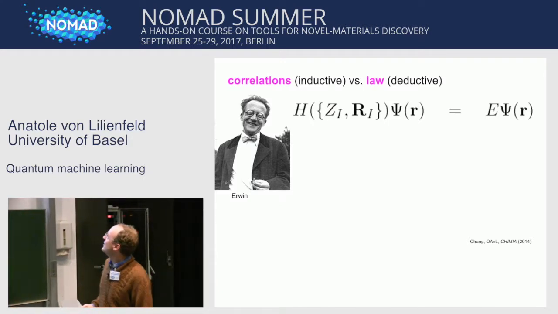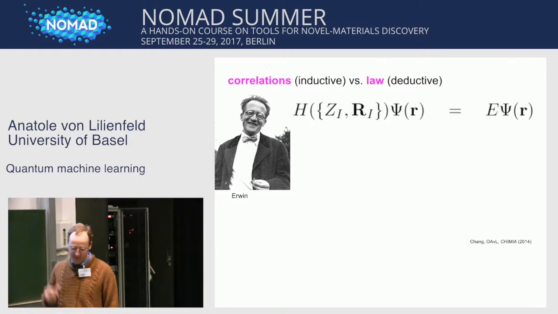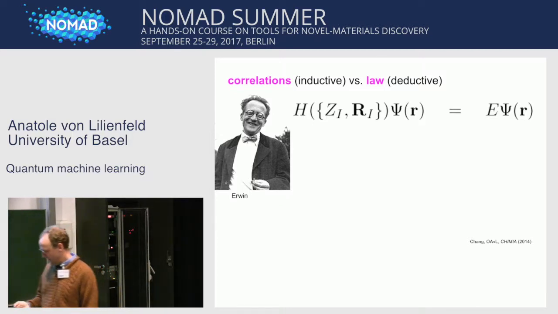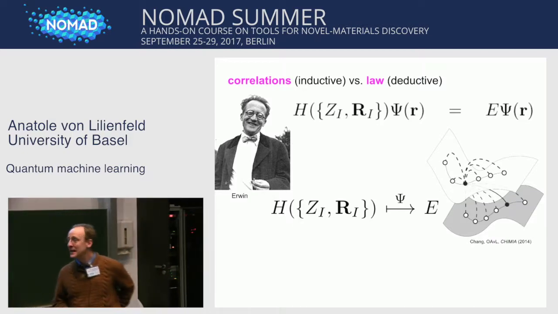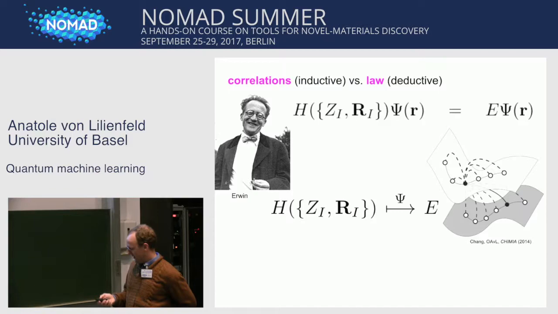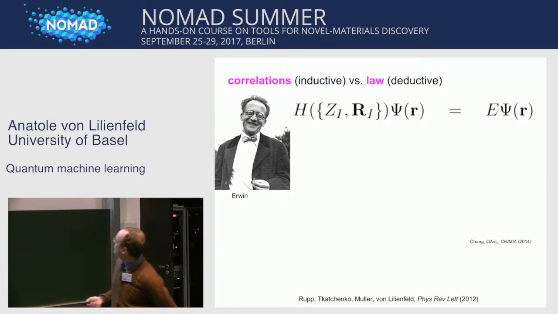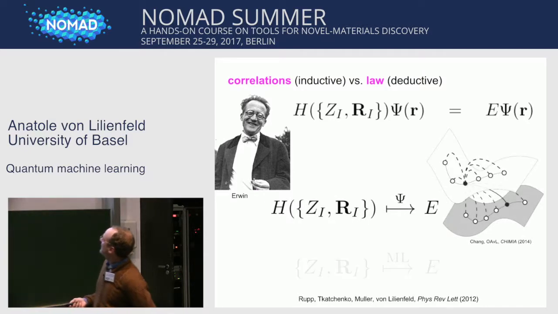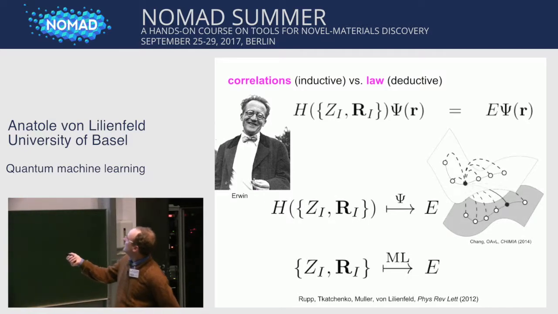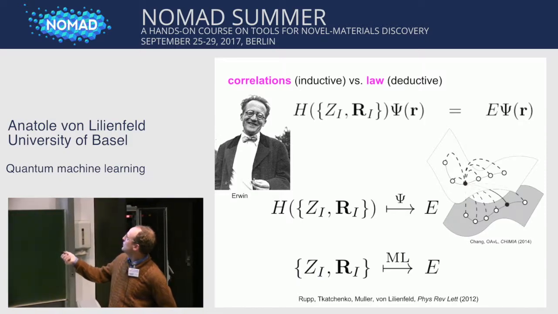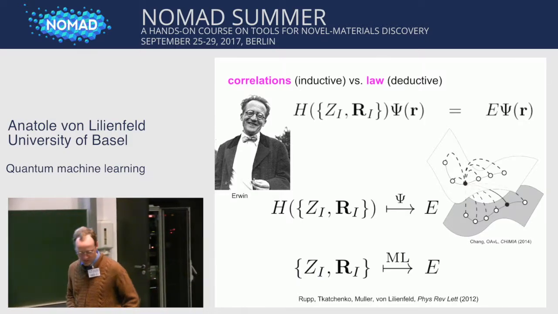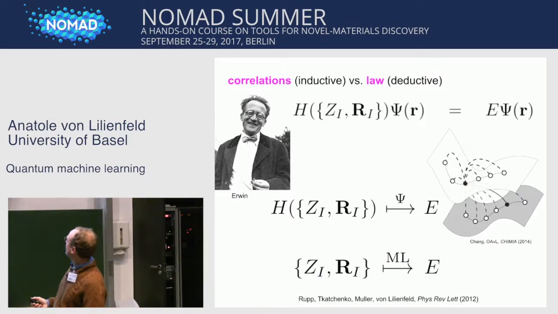And this eigenvalue problem, we know we can solve with the usual methods, with the usual approximations. What we really started to think about is how to do this using machine learning, to go from nuclear charges and coordinates to eigenvalues or observables in quantum mechanics.